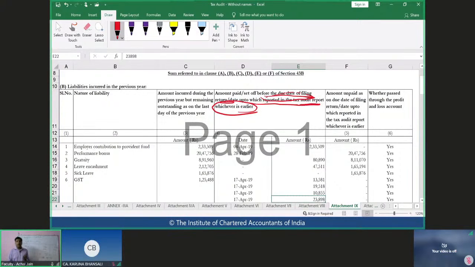I would say a very, very important clause of Form 3CD, and this clause keeps changing. This is considered to be very important by the management also, because this has a direct impact on the tax liability of the company or the entity. You can understand why. The entity would want to capture more and more amount in this clause under the payment.